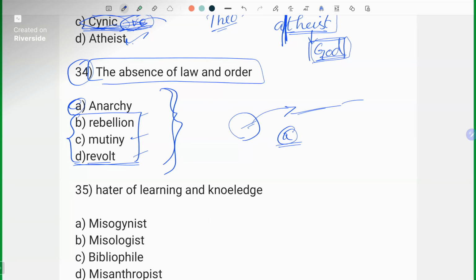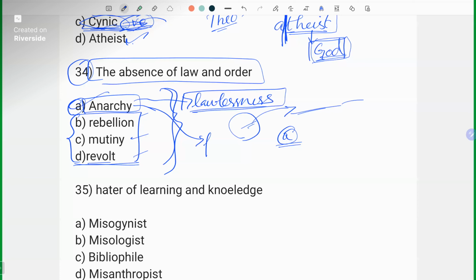So the odd one out is anarchy. Anarchy means lawlessness. Anarchyங்கிறது வந்து ஒரு freedom அப்படிங்கிற termsல யூஸ் பண்ணுவாங்க. But it is basically the direct meaning is lawlessness, which is bad, which is negative. When there is no law and order, many things will tend to happen. So it is negative. It has negative tone.